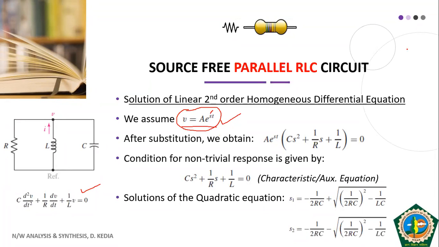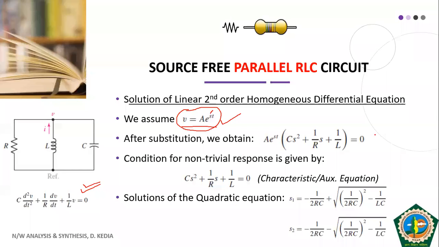Presently we are assuming that the solution of this equation is v equal to A e raised to power st. It is a reasonable assumption. That's why we substitute v equal to A e raised to power st in the equation that we developed in the previous slide.